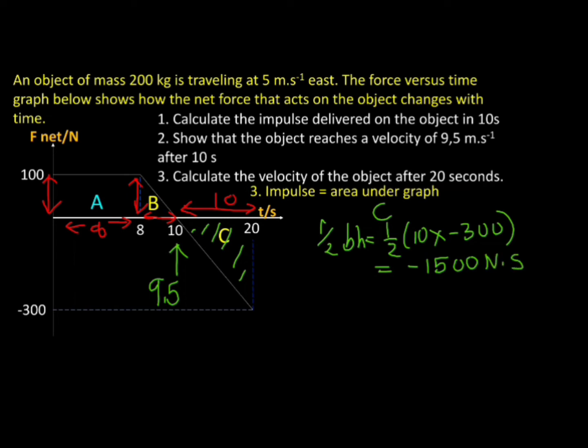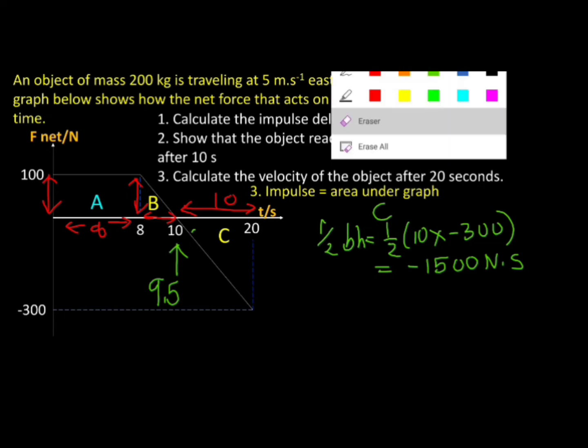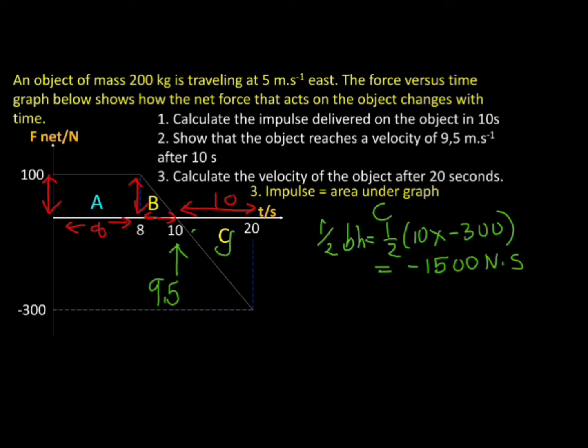So, since I know the impulse here, I can now work out the final velocity here. I'm going to use the same formula and say delta P equals final momentum, which is mvf.